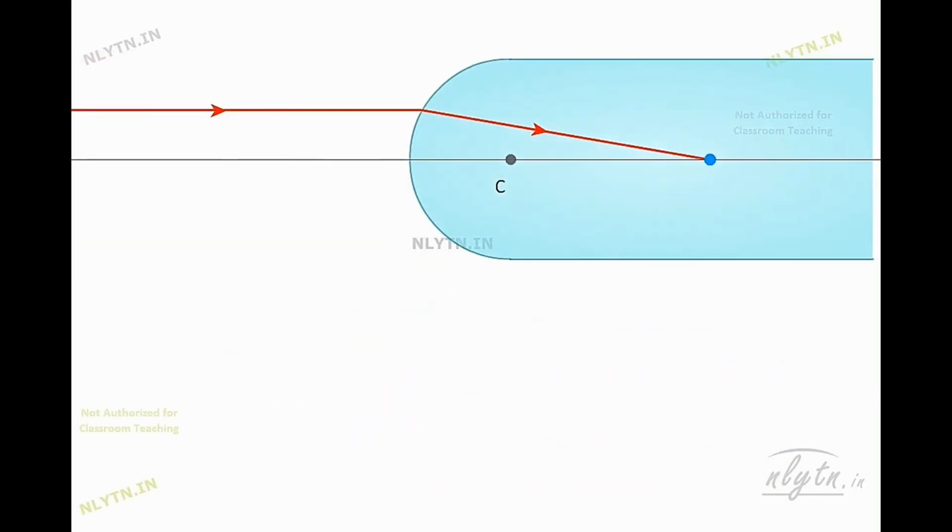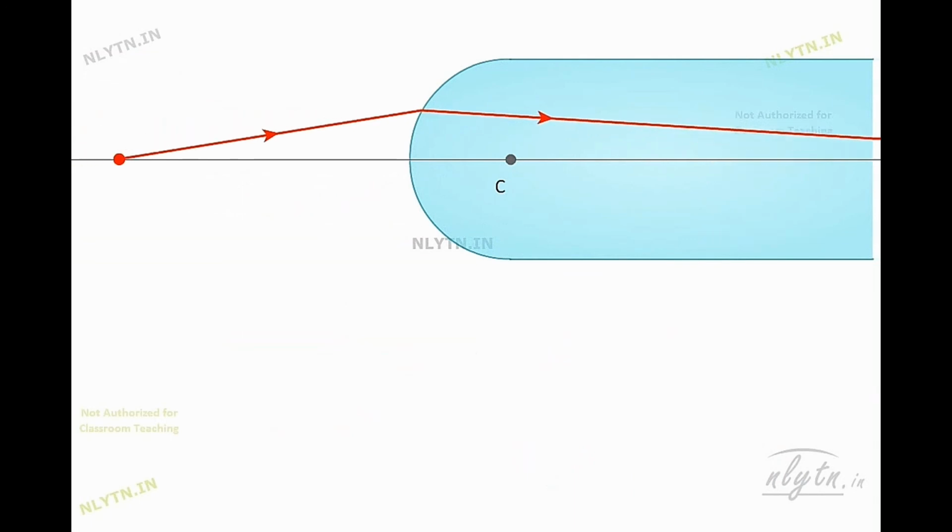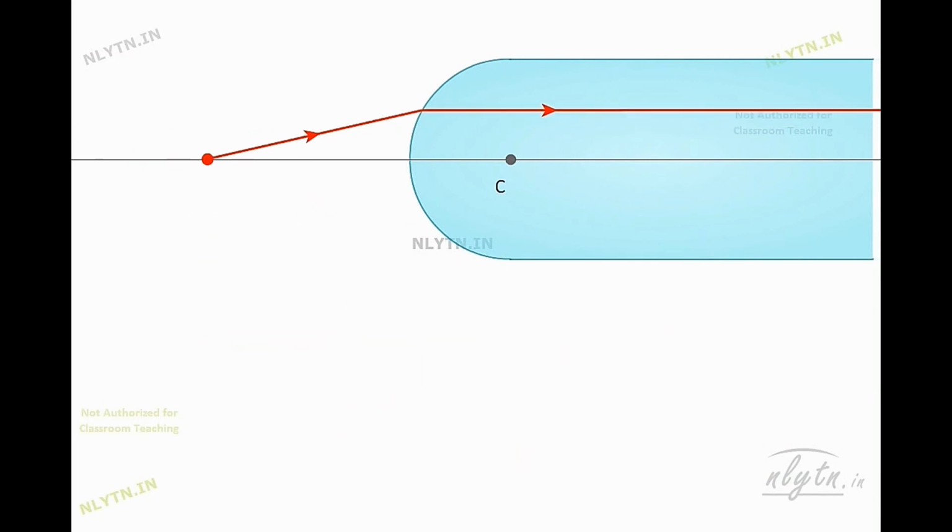Let us consider the ray diagrams to understand the properties of refraction at curved surface. When object is at infinity, rays close to the axis converge at a point. This is called the image focus of a spherical surface. When object is at a particular point, the rays after refraction become parallel to the axis.